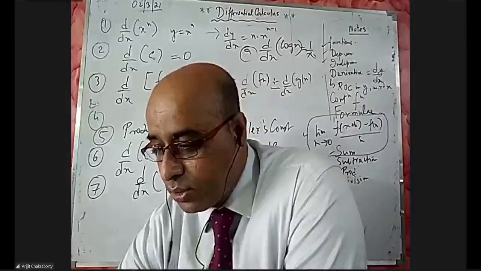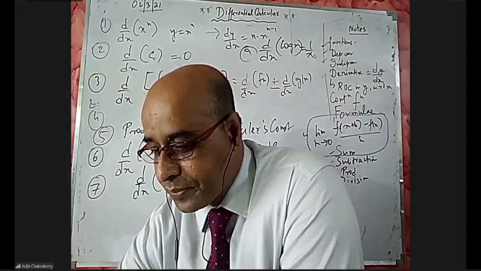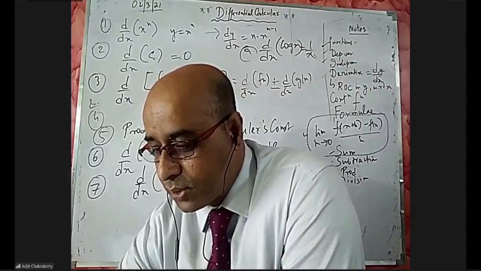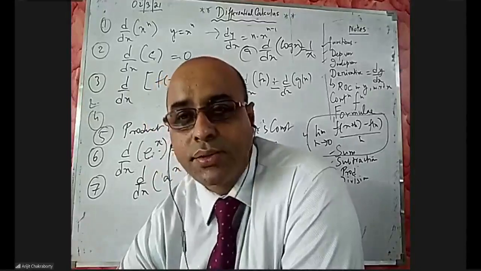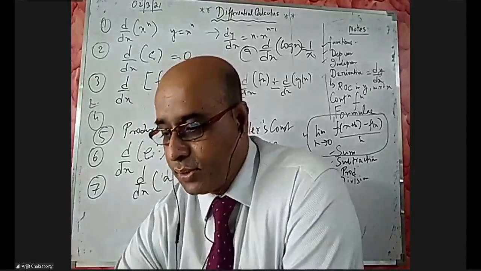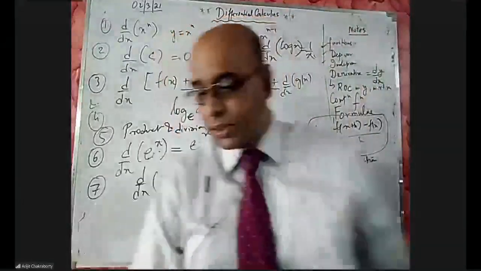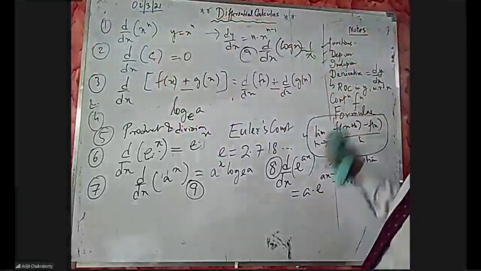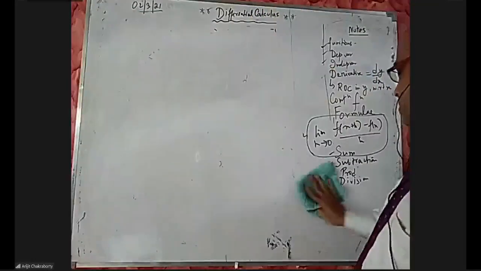So we go back to the product rule and let us work on it. Sum and difference we have done. So we'll take the product rule and the division rule. Fine. So we have seen all the 9 formulas now, and these 9 formulas we have to remember and apply them one by one as we carry out the solution to problems.